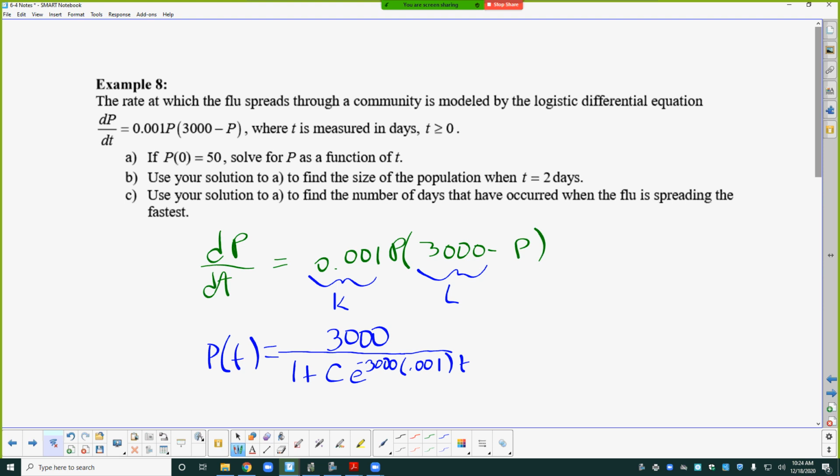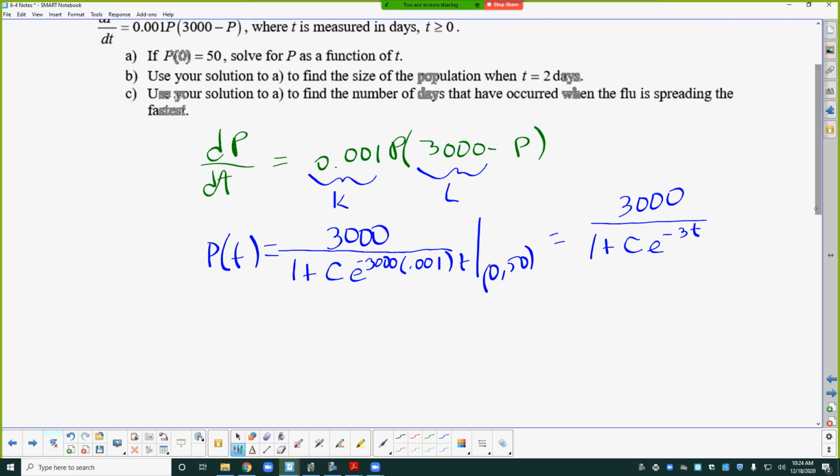So I'm going to evaluate that for the point (0, 50) to find the value of C. If my notation's not great there. How's this?